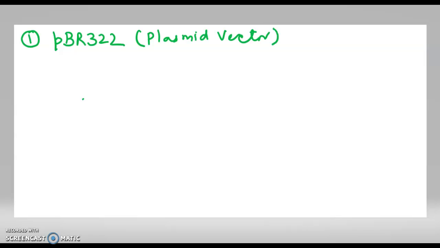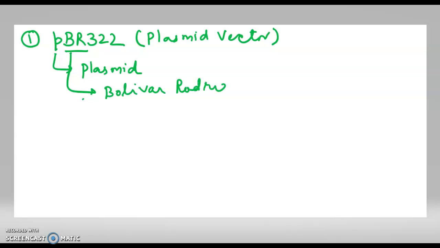Here p stands for plasmid, BR is actually the name of the scientists Bolivar and Rodriguez. They prepared this vector in the lab, and 322 is the strain number.